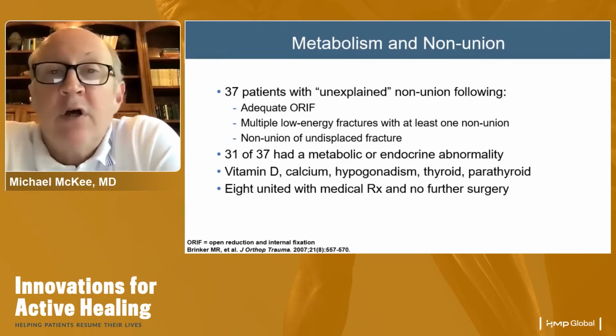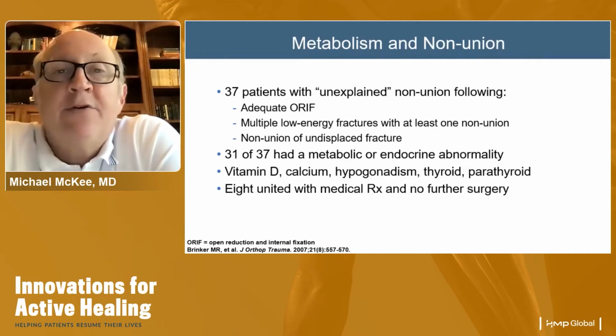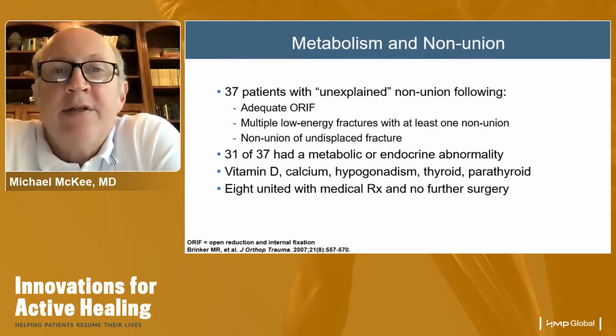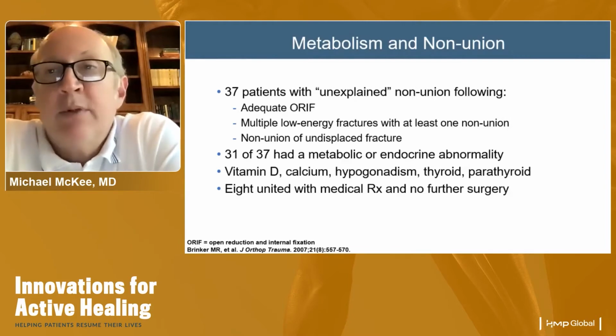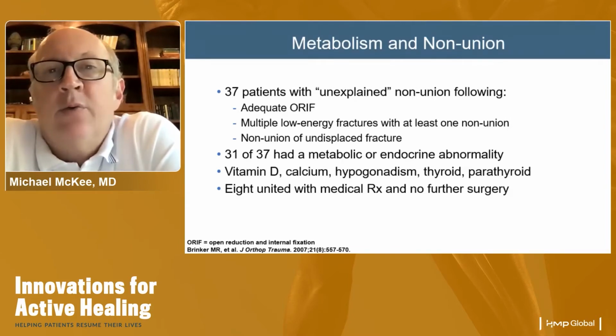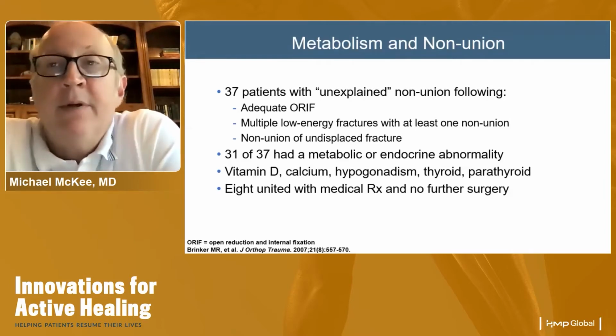I myself saw a patient last week with a moderately displaced clavicle fracture, an otherwise healthy patient that didn't heal. And I would have said it had a pretty good healing chance at the time of the initial injury. And it wasn't that badly displaced. It was closed, obviously, and good bony contact. Went on to a non-union. That patient turned out to be hypothyroid. Now, I didn't discover that, but someone else did.